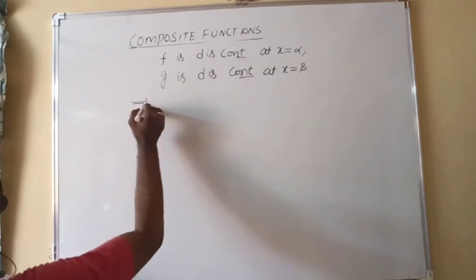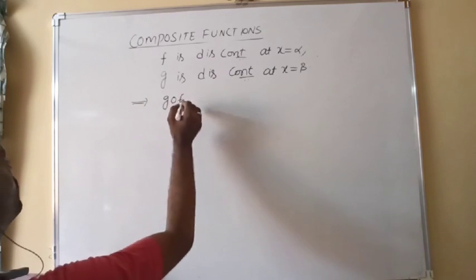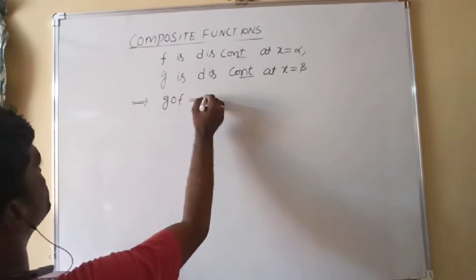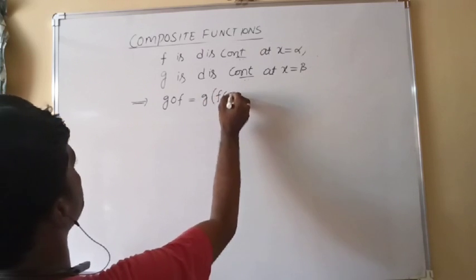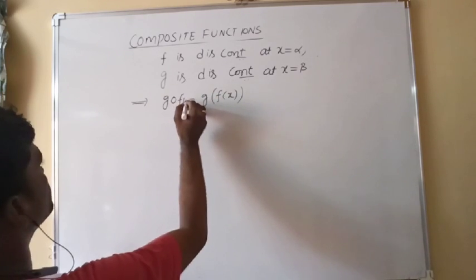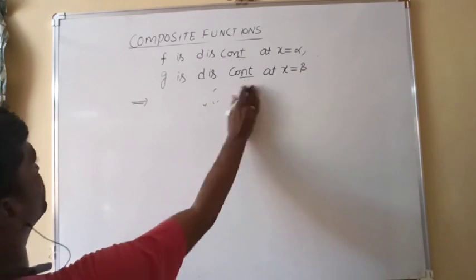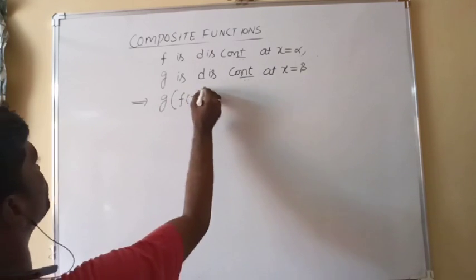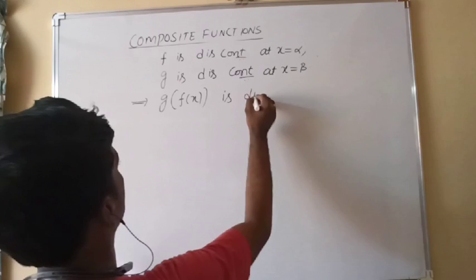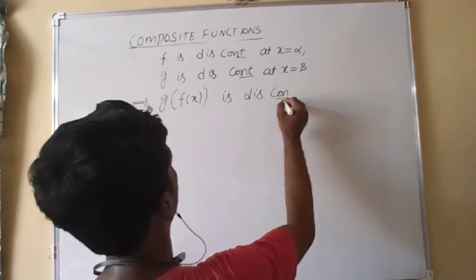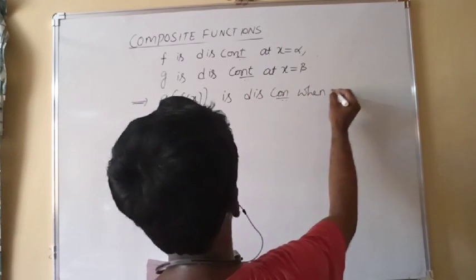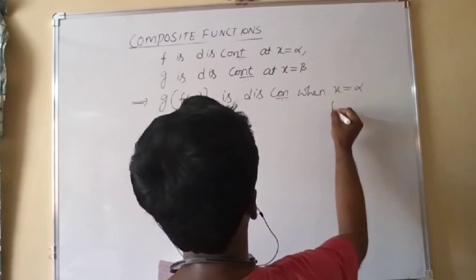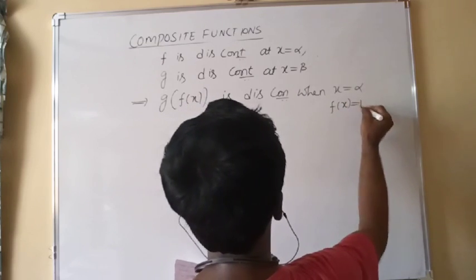then g circle f, nothing but g of f of x, is discontinuous when x is equal to alpha and f of x is equal to beta.